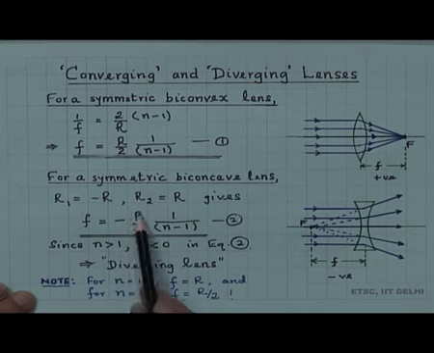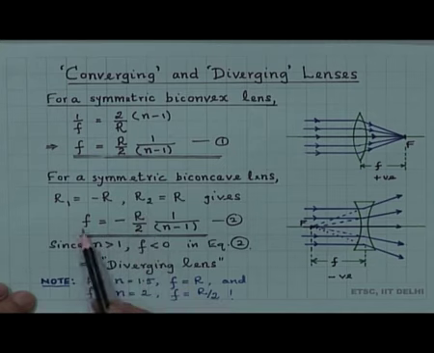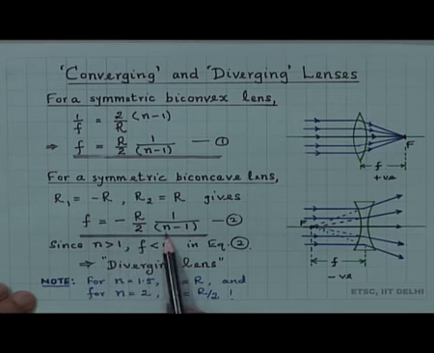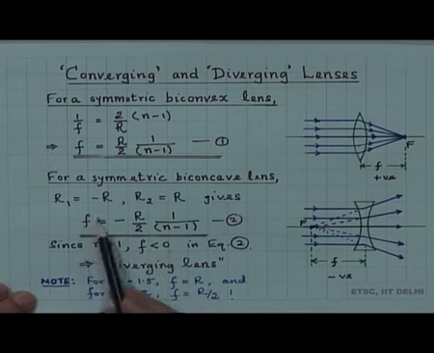Here R is a magnitude only, because the negative sign has already been taken into account. So f is equal to minus R by 2 into (n minus 1), and because n is greater than 1, f is less than 0. In other words, the focal length is negative. In a biconcave lens the focal point is on this side, and therefore f is negative, whereas f is positive in a biconvex lens.